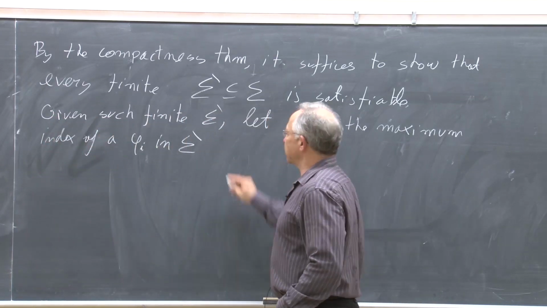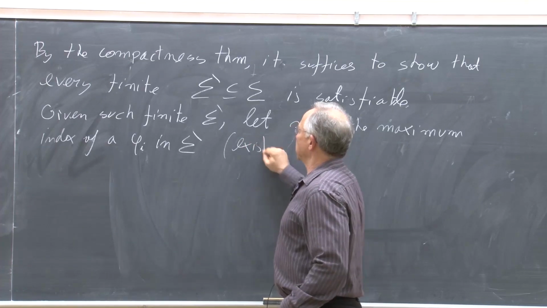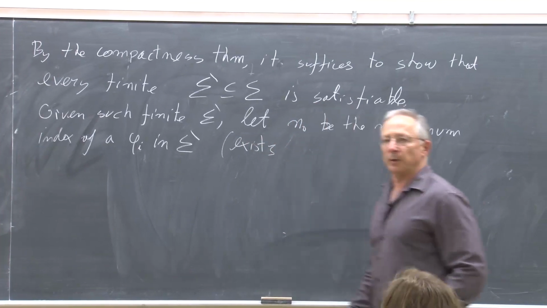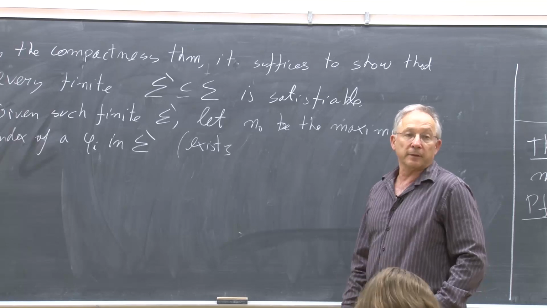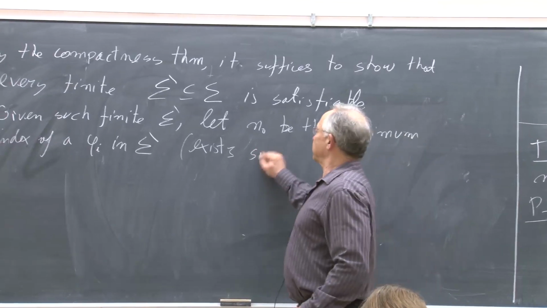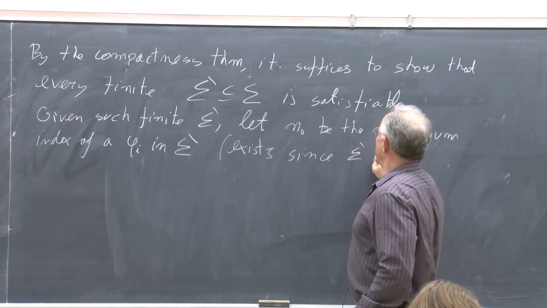And such an index exists. Why do I know that there is a maximal one? Because it exists since sigma prime is finite.